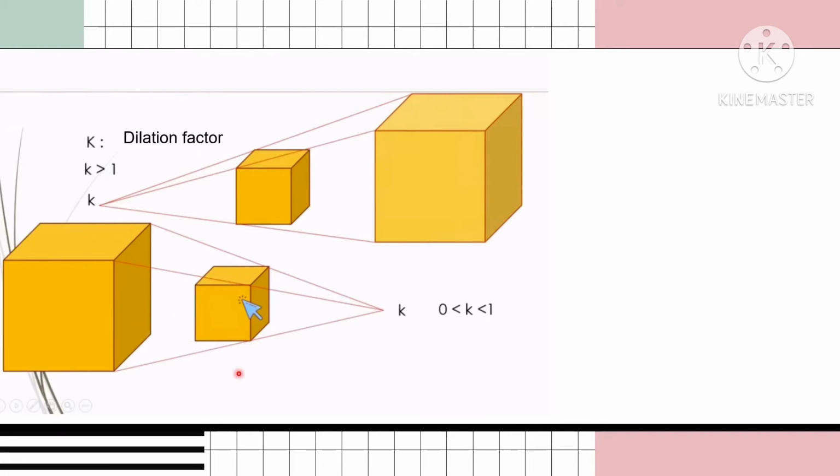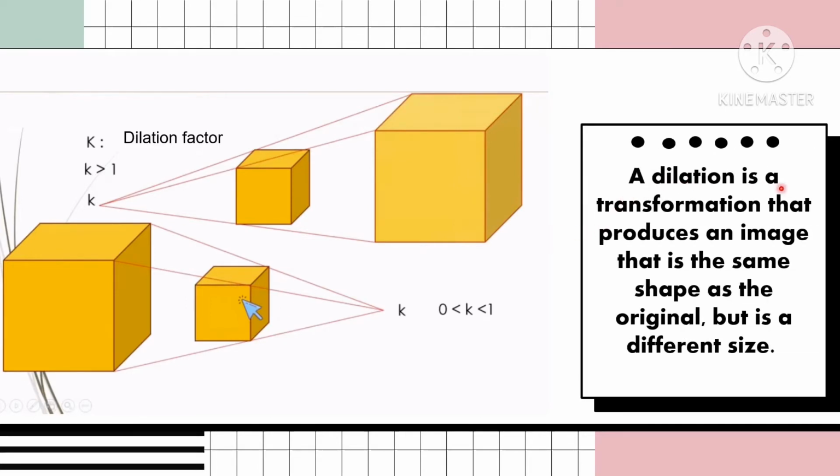So from that picture, we can create the definition that a dilation is a transformation that produces an image that is the same shape as the original, but has a different size. In simple words, dilation just resizes the given figure without rotating or anything else.